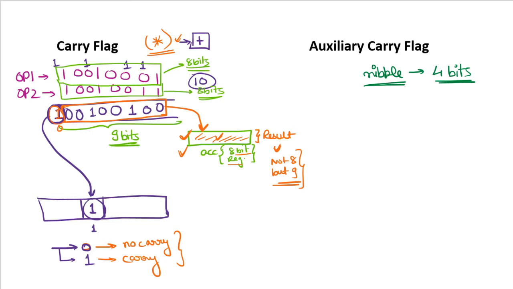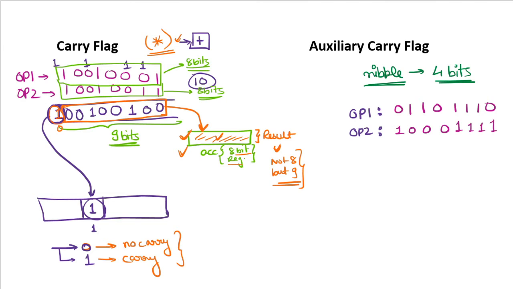For example, we are doing some addition operation on operand 1 and operand 2. Let's take operand 1 as 0, 1, 1, 0, 1, 1, 1, 0, and operand 2 as 1, 0, 0, 0, 1, 1, 1, 1.